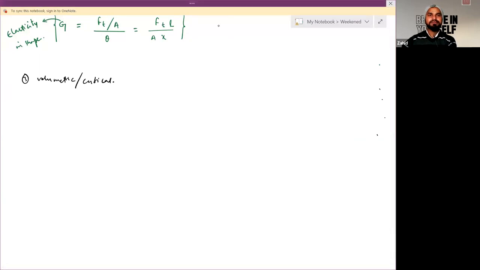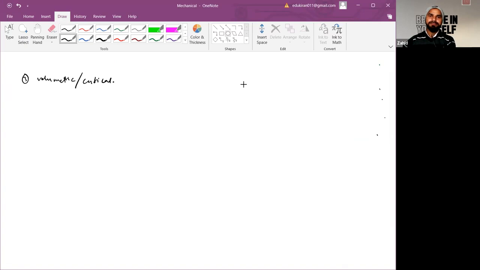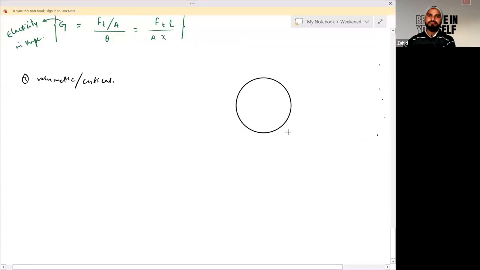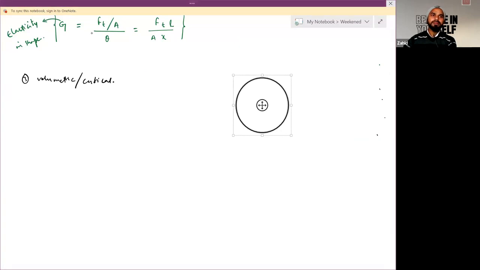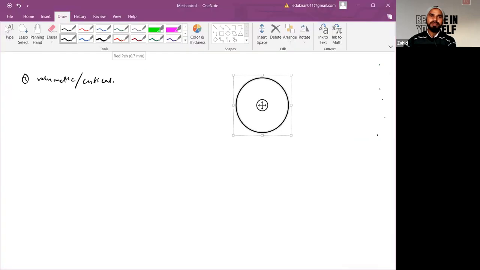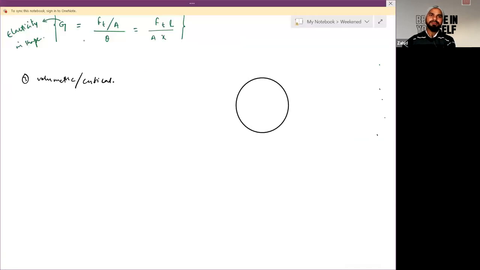Suppose you have a sphere, and if you apply pressure to this particular object, due to which it gets slightly deformed.